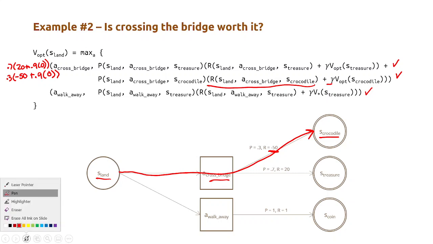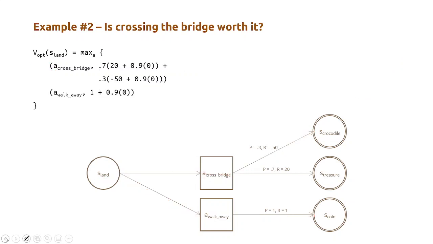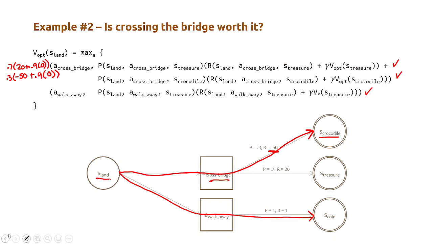After that, we proceed with the calculation of the third path. The third path refers to being in S land and then walking away, which leads to coin.